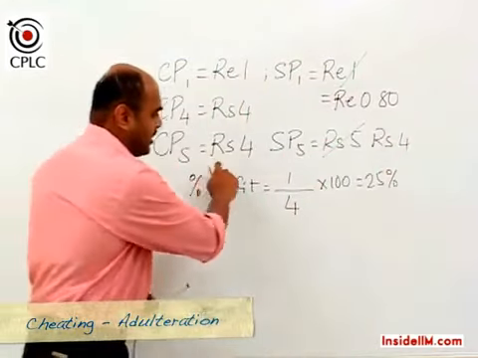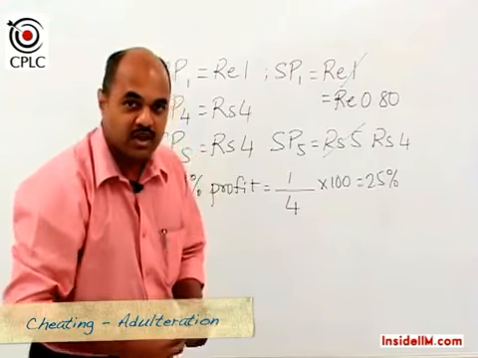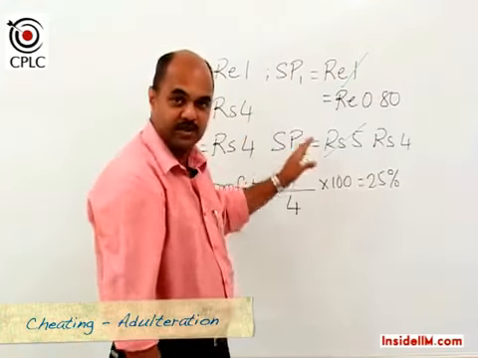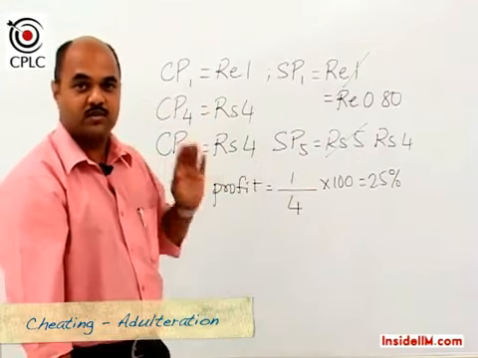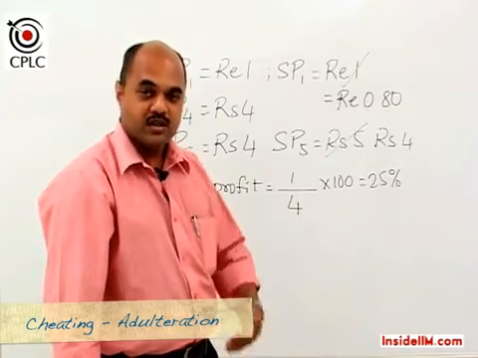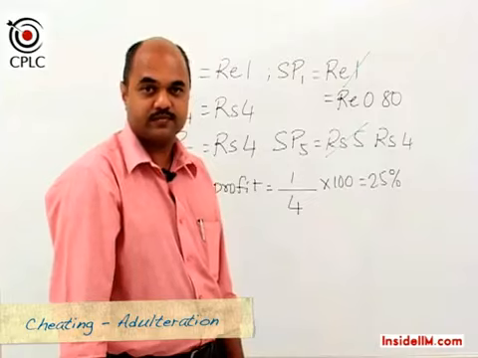And now if we compare these two, we observe that it's a no profit, no loss situation. So though the milkman claims to sell at a loss of 20%, actually because the milkman has added water, there is actually no profit, no loss. So this is one example of cheating which involves adulteration.